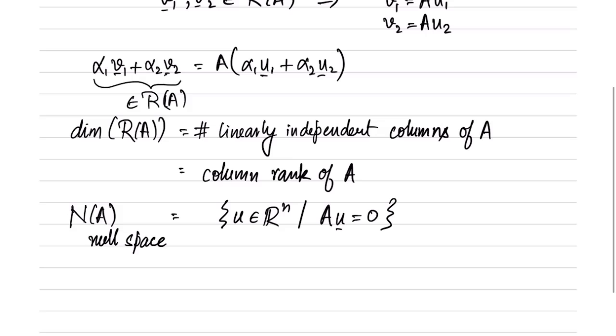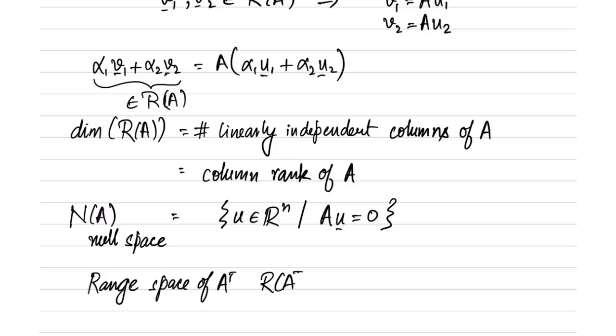And then finally we can have the range space of A transpose. So that is R of A transpose, and we can define it in the same way, but I will just use a slightly different notation, and the reason for that will become clear. This is a set of all u in Rn such that u can be written as A transpose times v.